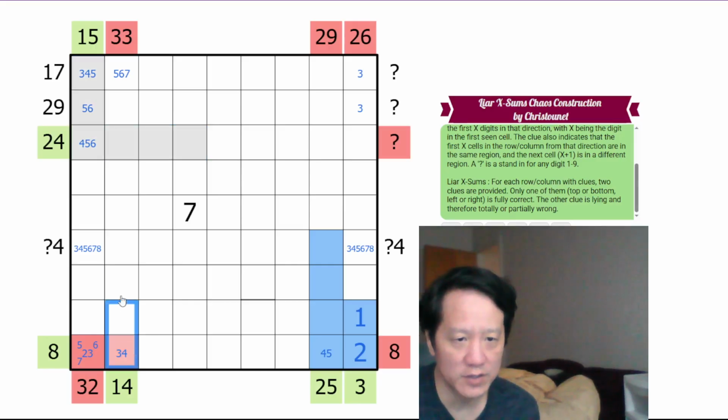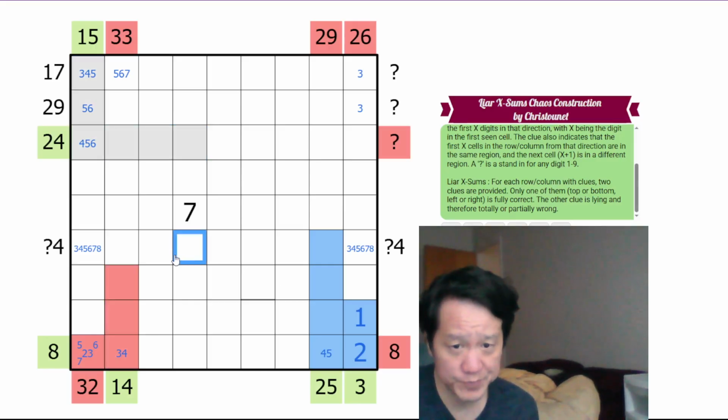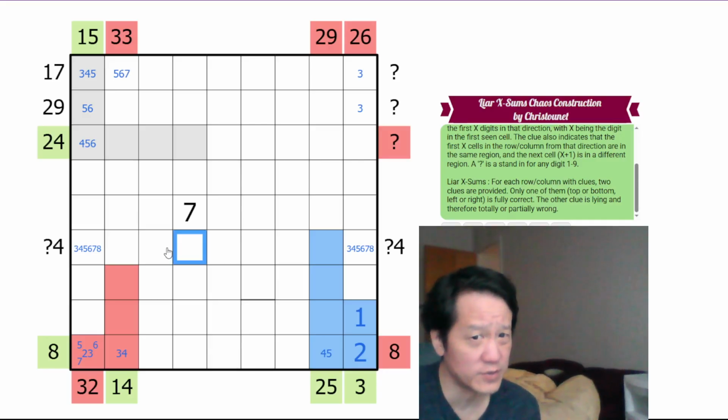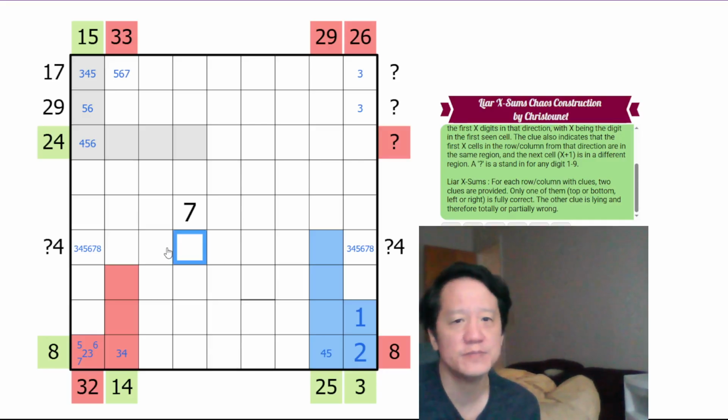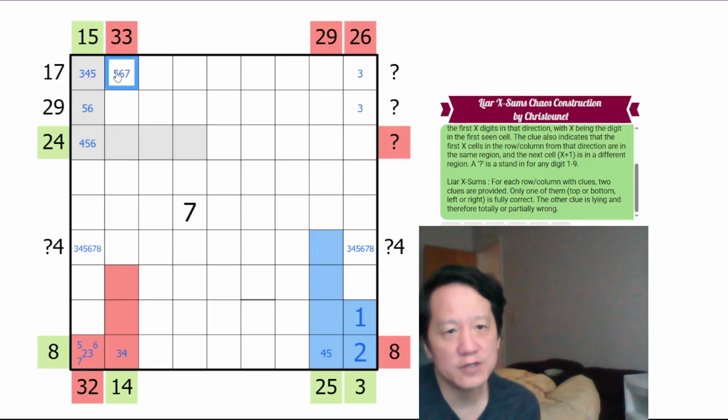So this is valid, so it's at least 3. So far, though, it's looking okay-ish. We know this is invalid. We know this is invalid. This is valid. It cannot be 2 and whatever.